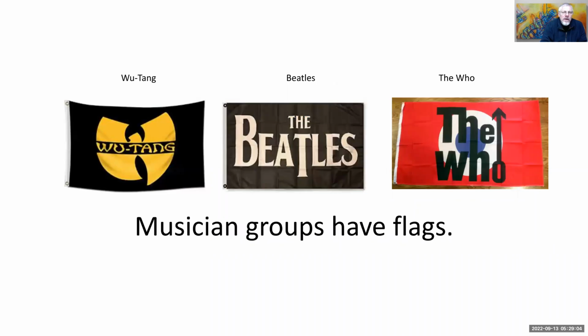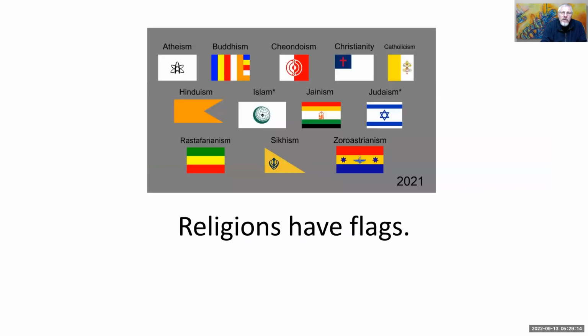Some bands and musicians sometimes have flags, and they have little symbols and logos on them. Some religions have flags. These are all different religions: Judaism, Hinduism. A lot of them seem a little simpler than others.